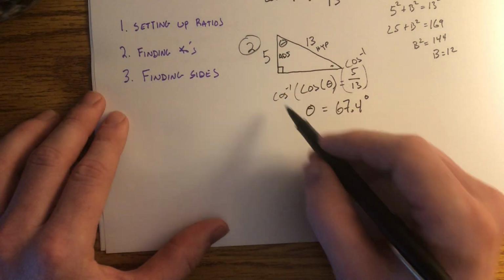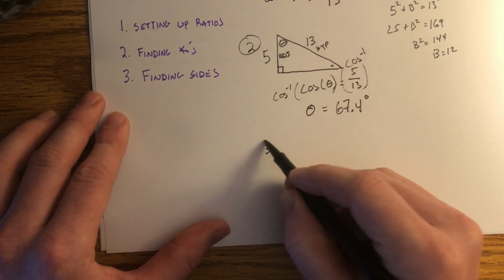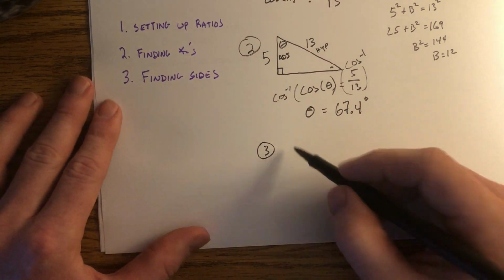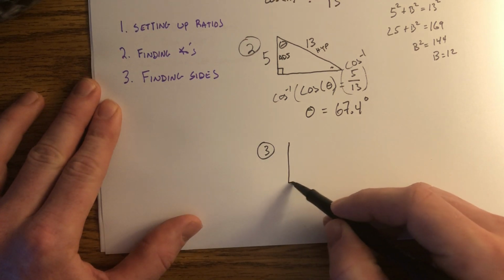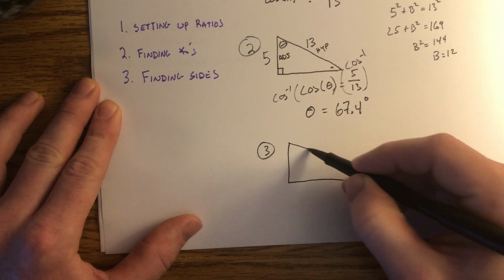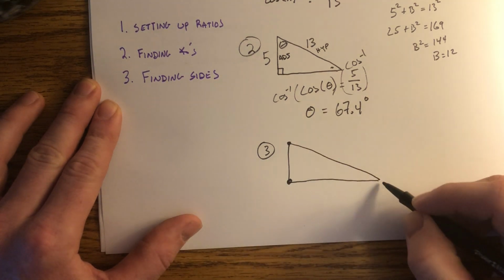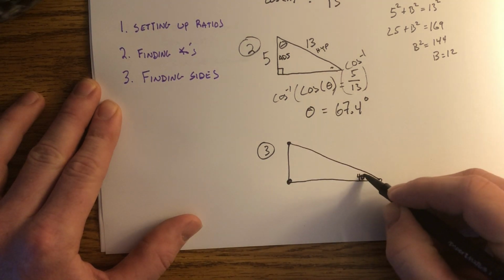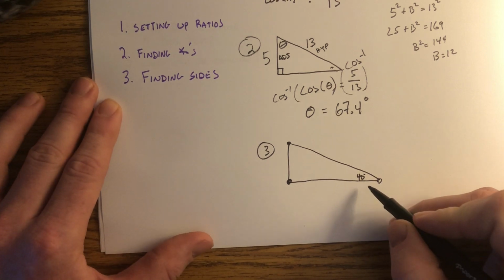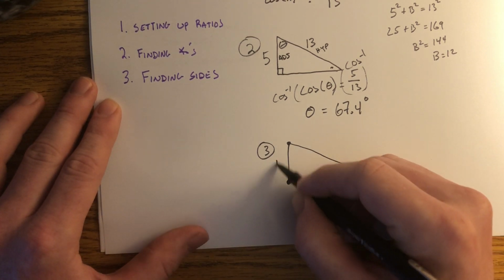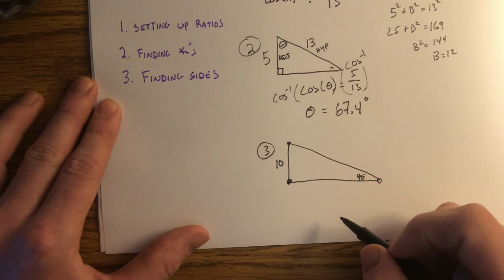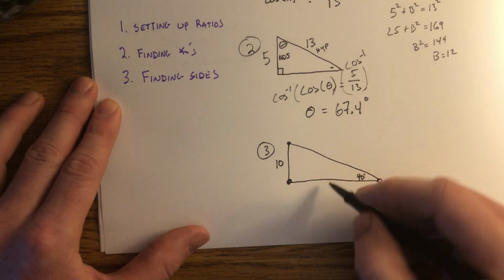Okay, last thing, let's find a couple sides real quick. So again, let's say I have a similar triangle, but instead of knowing the sides, I know the angles. So let's say I know this is a 40-degree angle, right? If it were 30, I could just use special right triangles. Let's say that's 40, and let's say this is 10, and we're looking for this side right here.